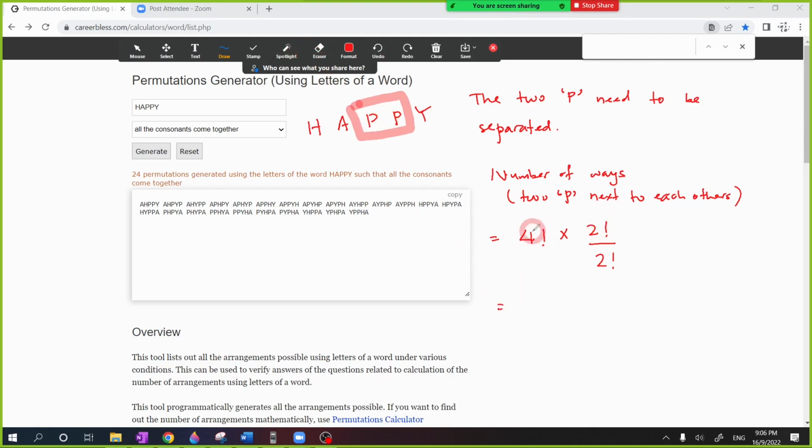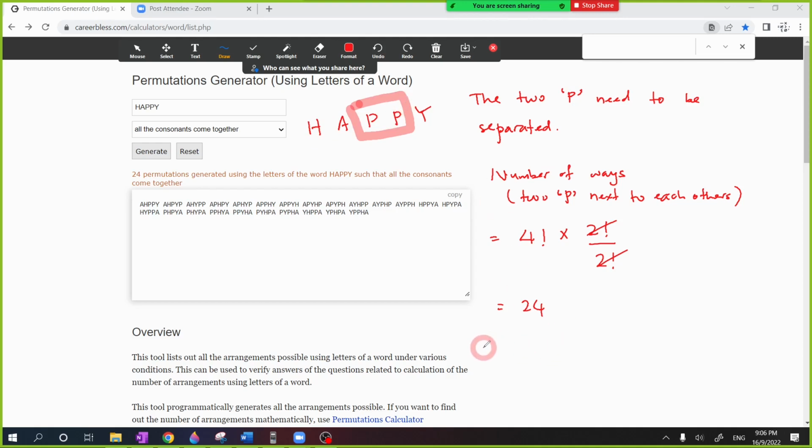Okay, now, so this, actually you don't need to write it. So 4 factorial will be 24. But this is not the final answer. Okay, so we have to find the total number of ways to arrange these letters with no restrictions.